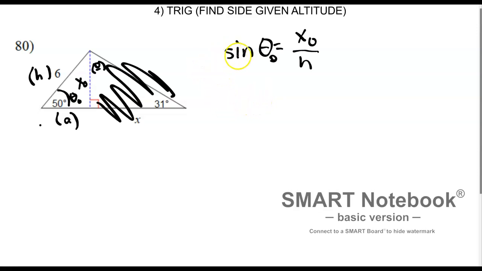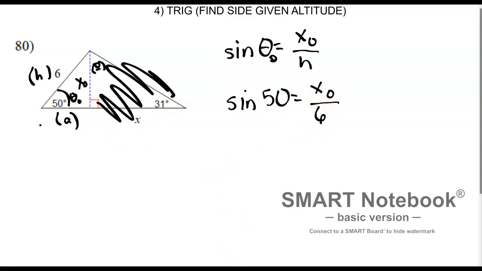All right, so step 2, we've got our trigonometric identity. Next thing we do is substitute. So I'm going to go sine, my theta is 50, equals x naught over the hypotenuse, which is 6.